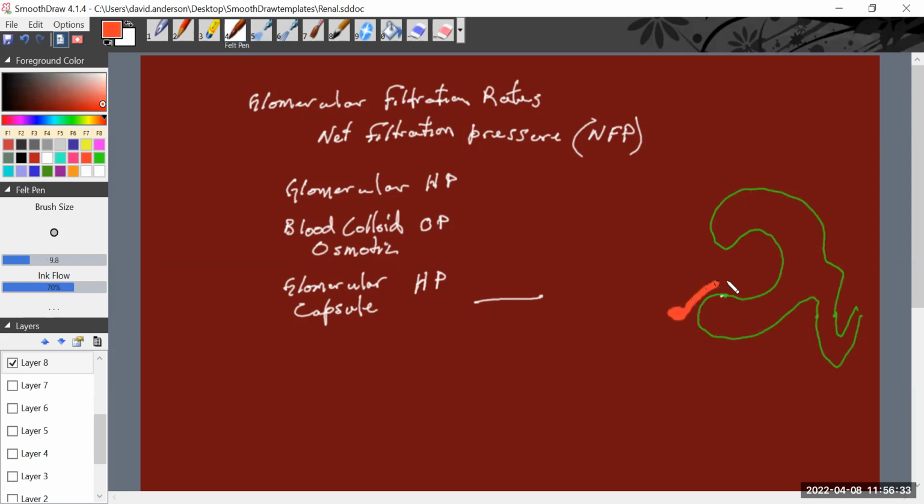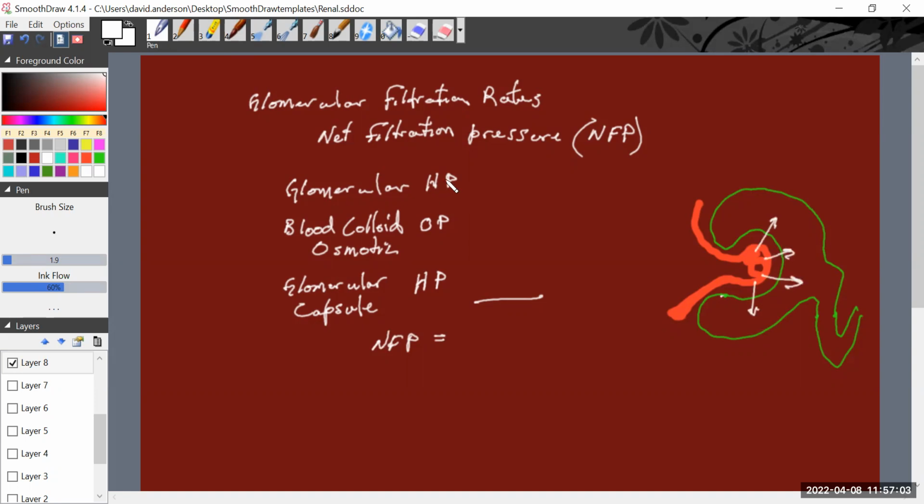Afferent arteriole in, efferent arteriole out. So what we're trying to do when we determine net filtration pressure is have a positive number that represents delivery into our glomerular capsule.